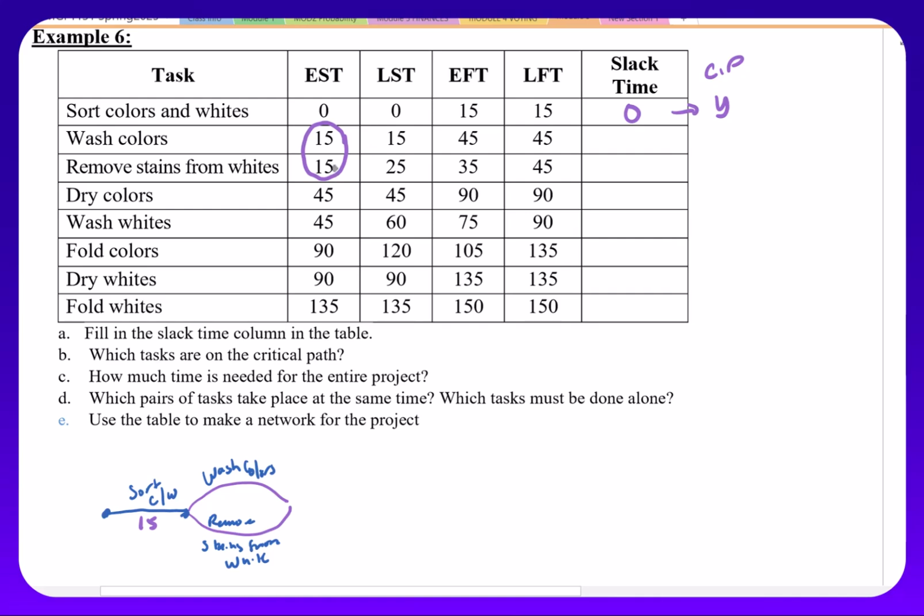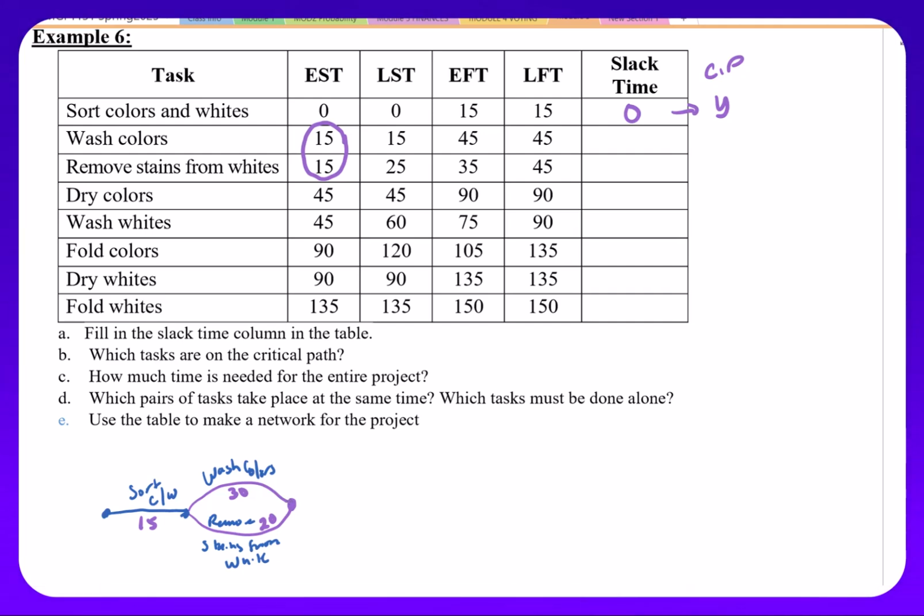Washing the colors, notice that the earliest finish to earliest start would be 45 minus 15, so I have to use 30 minutes for that one. For removing stains from the whites, the earliest finish time and earliest start time, 35 minus 15, gives me 20 minutes.